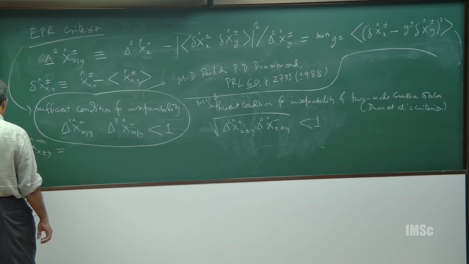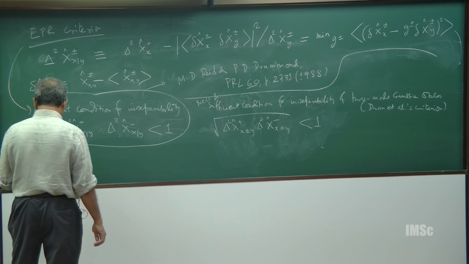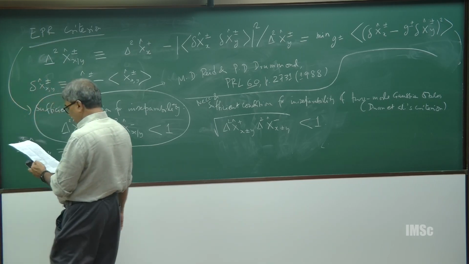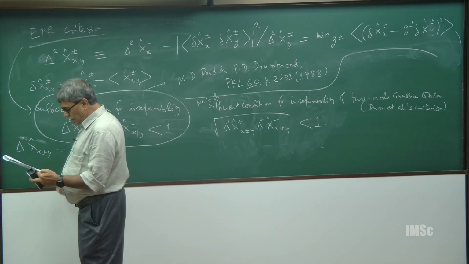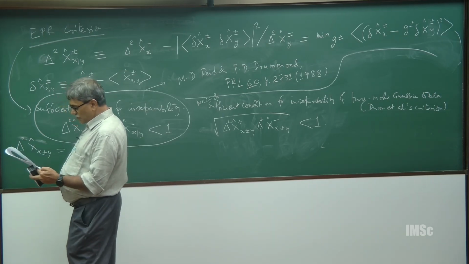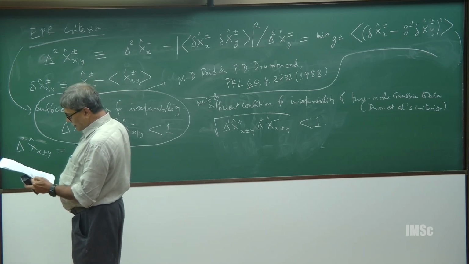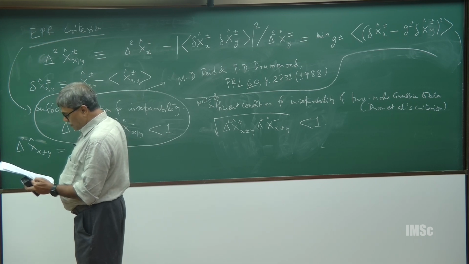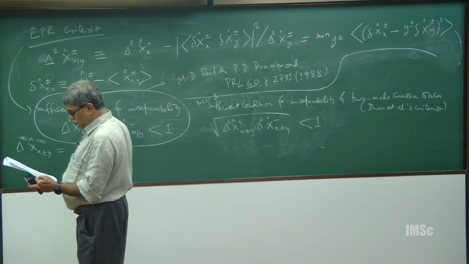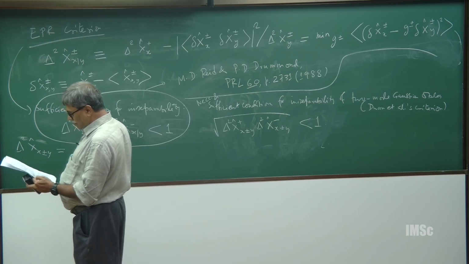This is a kind of tricky definition. It says that this quantity is the minimum of the variance of the sum or difference of the operator x between beam x and y, normalized to the two beam shot noise.